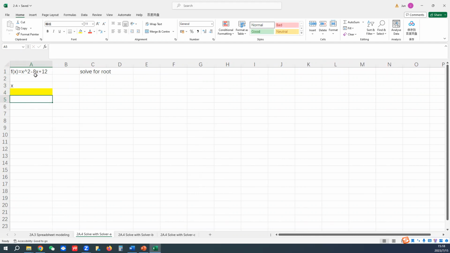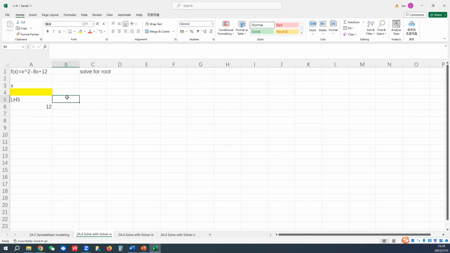Then you will have the left-hand side, which is x squared minus 8x plus 12. Let's do it: x squared minus 8 times x plus 12.